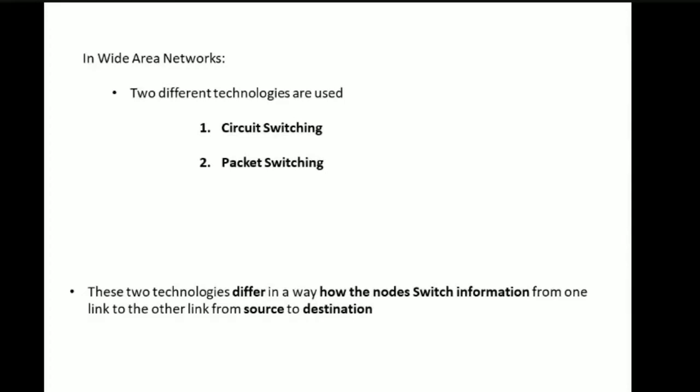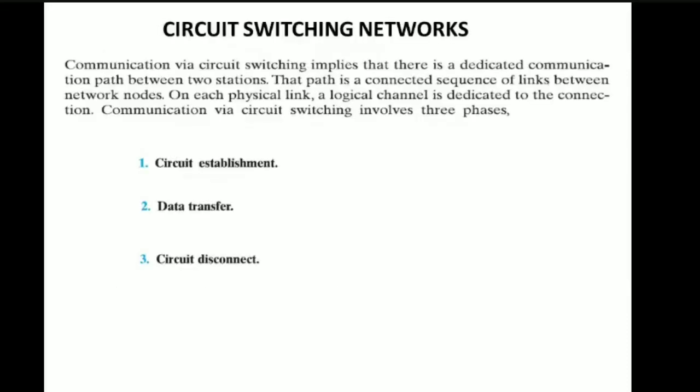These two technologies differ in how the nodes switch the information from one link to the other link when transferring information from source to destination. Obviously, both technologies are implemented for transferring information from source to destination, but they differ in how they switch the information from one node to another node. Okay, so let us now look at the first type of switching network, called circuit switching network.